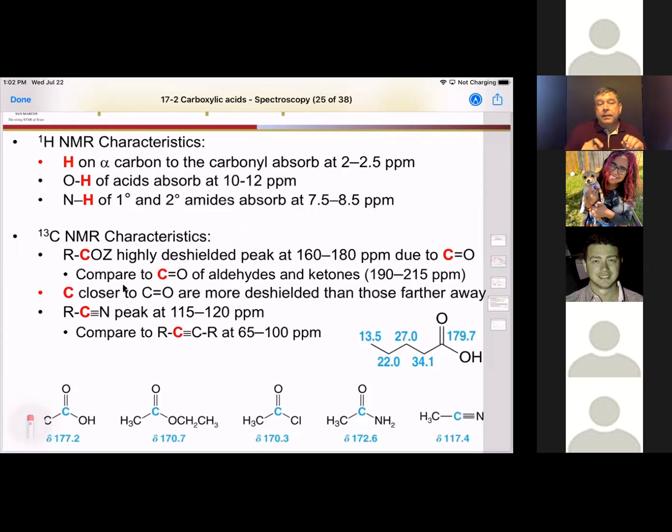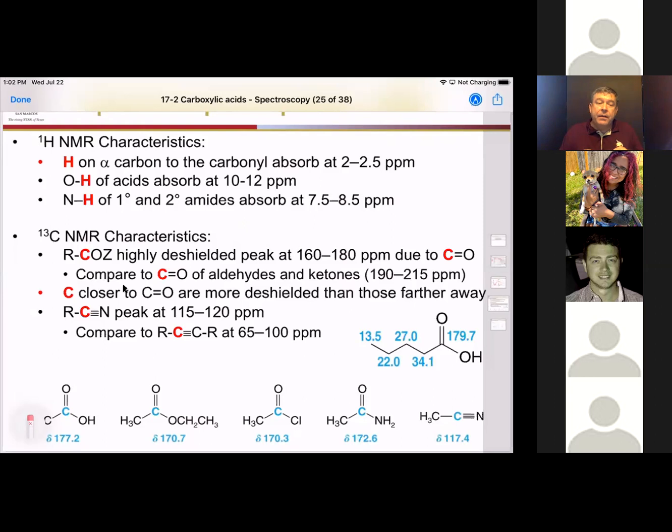But the actual hydrogen on the carboxylic acid is very, very acidic. And so instead of being in the 5 range where an alcohol would be, it's actually shifted way up over that of benzene. It's in the 10 to 12 range right there.